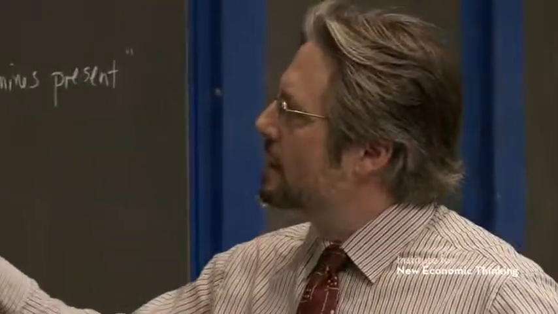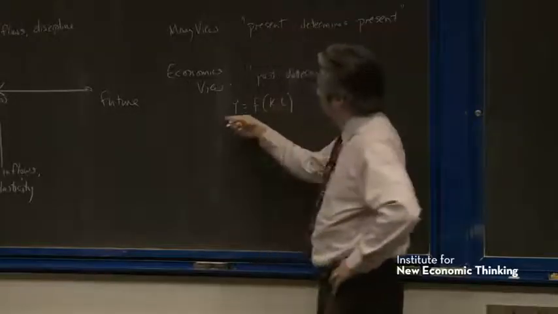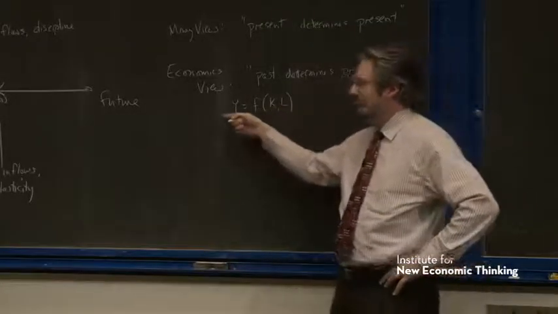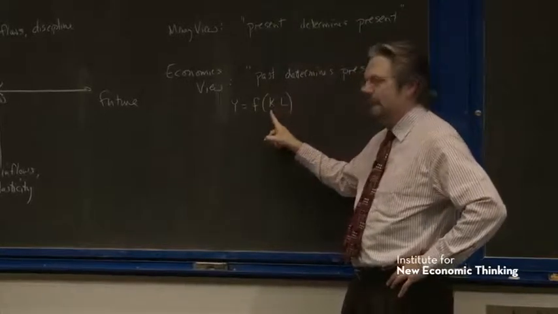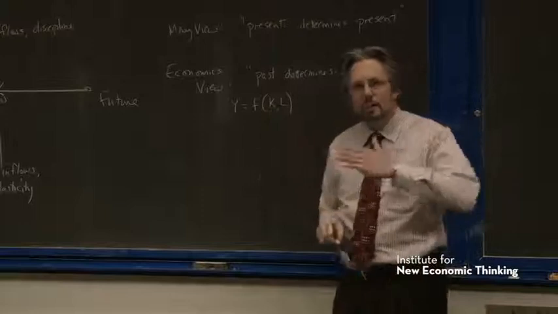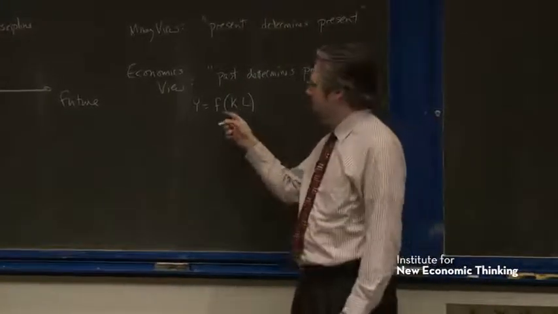You can see this in the most characteristic production function that we describe here: the flow of output today is a function of the capital stock, which has been accumulated by investment over the past. So this is the sense in which the past determines the present.